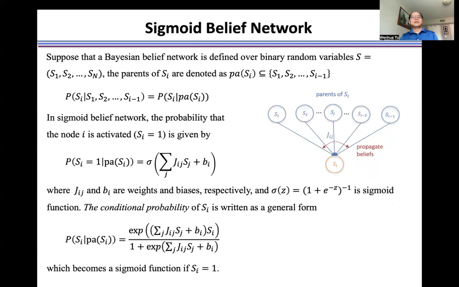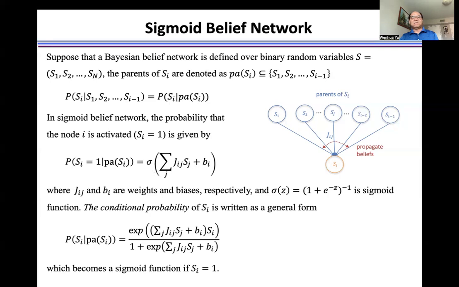Suppose that a Bayesian belief network is defined over binary random variables S. The parents of S_i are denoted as PA here. In a sigmoid belief network, the probability that the node i is activated is given by a sigmoid function here.